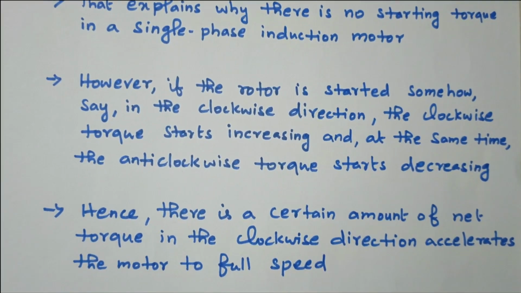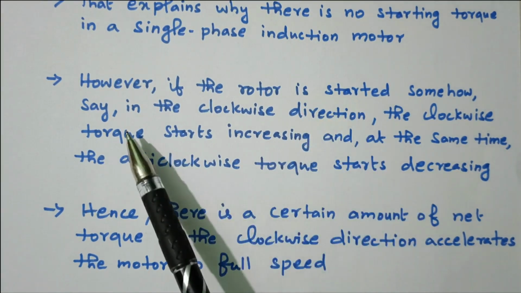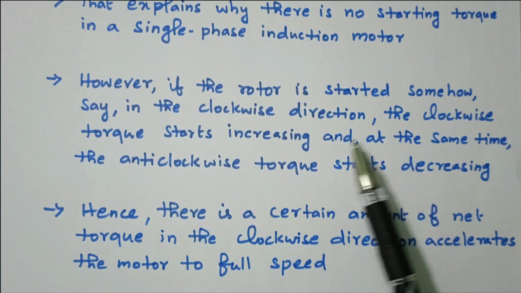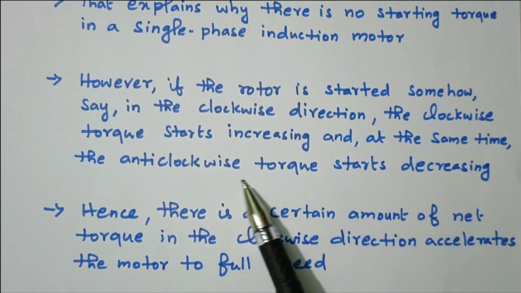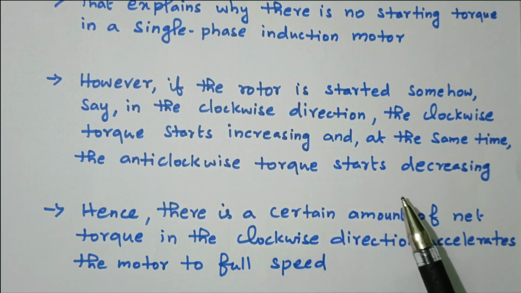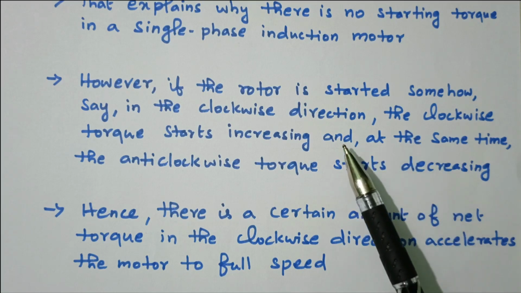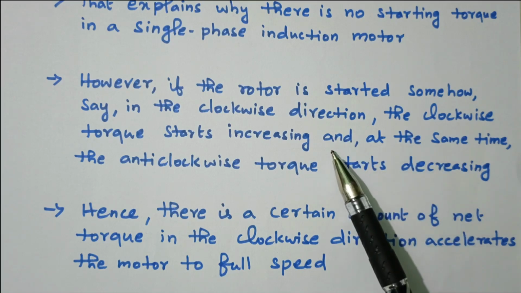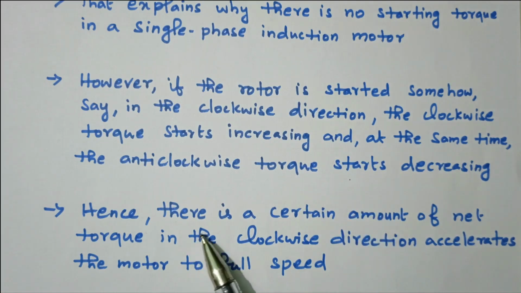However, if the rotor is started somewhere, say in the clockwise direction, the clockwise torque starts increasing and at the same time the anti-clockwise torque starts decreasing. So if we start the motor by any other way, what happens? In the clockwise direction the torque increases, in the anti-clockwise direction the torque decreases. Hence there is a certain amount of net torque in the clockwise direction to accelerate the motor to full load.